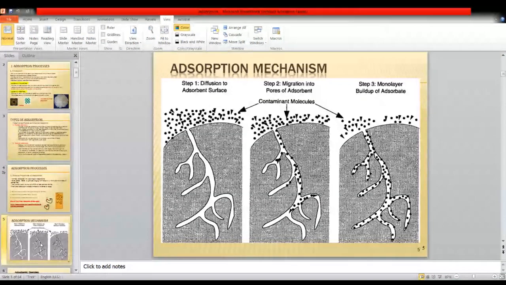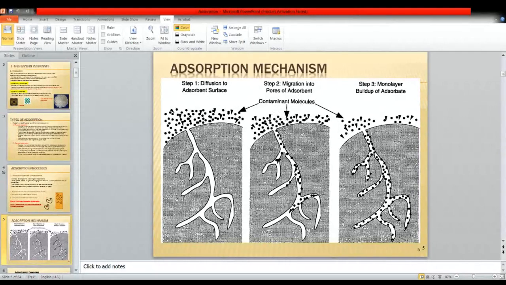Here is the picture. All three steps you can see. Step 1, diffusion to the adsorbent surface. This is the solid and adsorbate. These are the spaces inside this solid particle where the phenol particles will go. Now migration to the pores of the adsorbent by contaminant molecules.